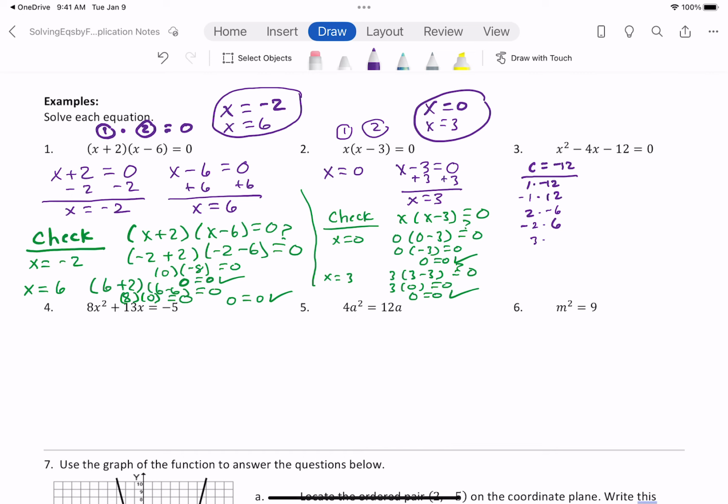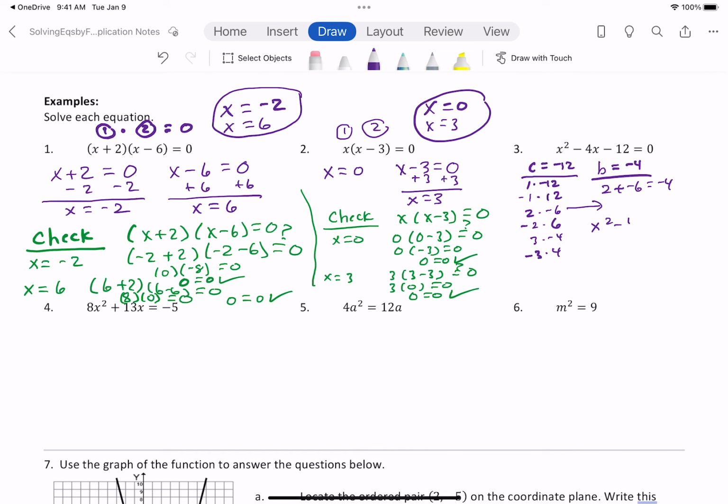We could have 3 times -4, -3 times 4. And I think after that they would start to repeat. And then we need for b to equal -4. So we want the pair of factors that we just found that will add to -4. So that's going to be this pair. The 2 plus -6 will give me -4.